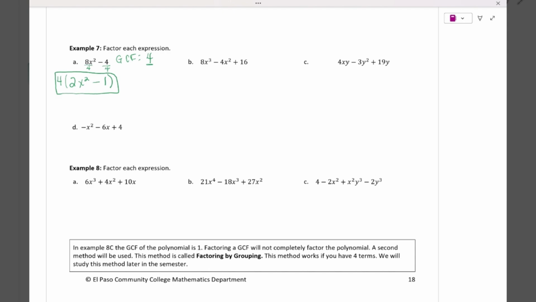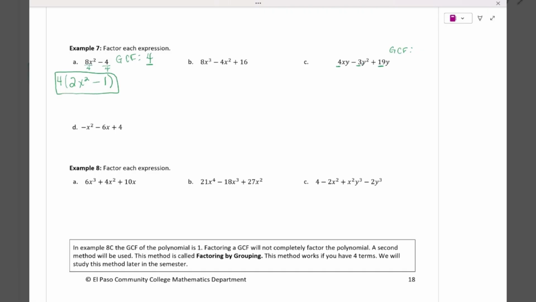4xy minus 3y squared plus 19y. So again, I like to look at the number parts first, or the coefficients here. Okay, so what are those? Well, the first term, 4xy, I'm going to look at the 4. 3y squared, it's a minus 3, the 3. And then 19y, 19. What do they all have in common?